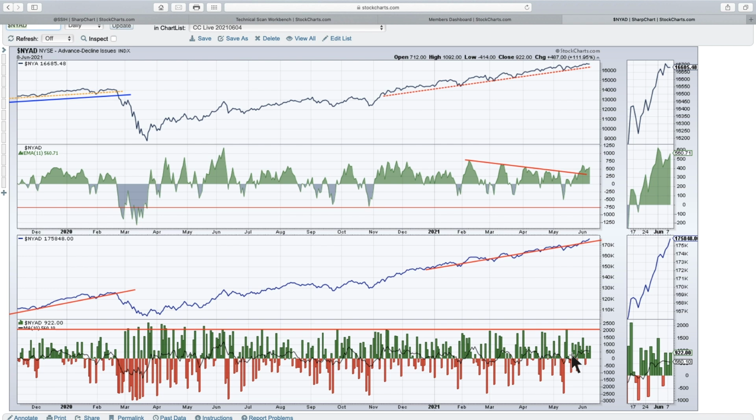Now, one of the reasons for the difference between the New York and the NASDAQ is the New York has a lot of financials and a lot of energy on it. And both of those are doing pretty well, and mining on New York. Whereas the technology names from the NASDAQ have been underperforming since February.